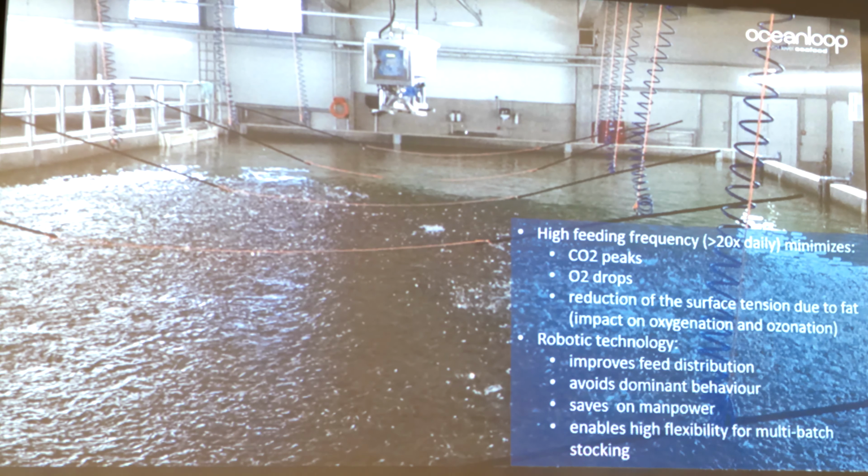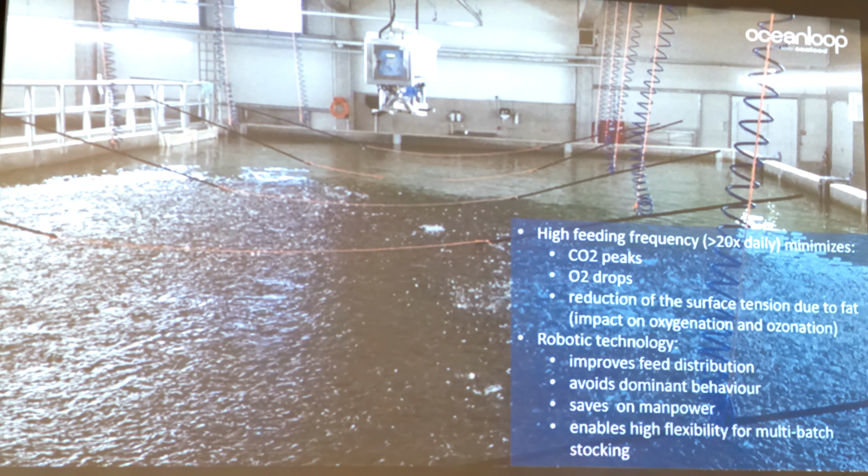In the grouper, we even started to feed the fish during daytime and nighttime. Nighttime means it's not total darkness, so they can still see something. This is also quite promising. So we have this diurnal cycle, but we feed 24/7. Why do we do this? We have a more average feed load over the day.